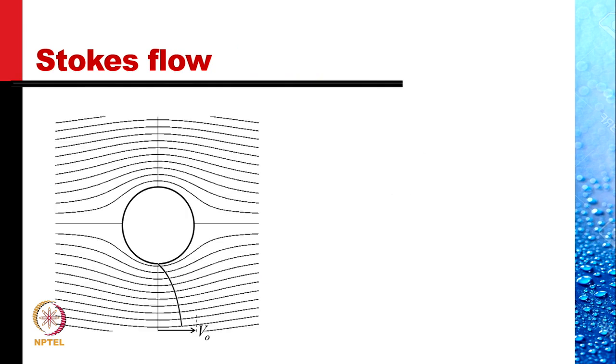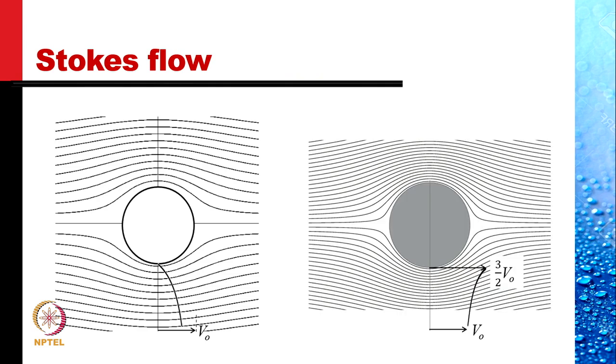This Stokes law at low Reynolds number is very different from the inviscid flows. Look at the velocity profile on the shoulder in the Stokes law. This is very different from the velocity profiles in an inviscid flow, where viscosity was negligible.